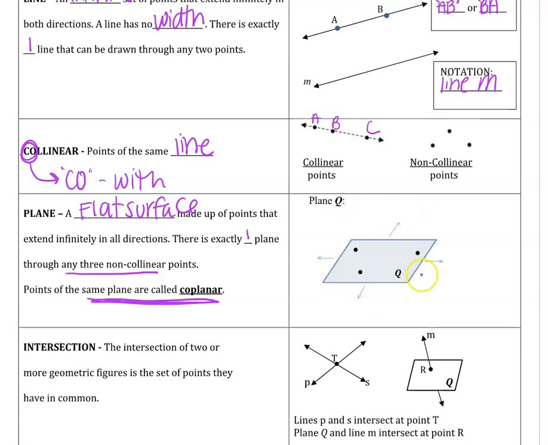This is typically how we denote what a plane looks like. It looks like a parallelogram. There's your 3 non-collinear points that would make that plane. And it extends out forever. I usually tell students to think of planes as like the surface of your desk. That's a plane. And then there's points within that plane that are contained. And then you can also create lines and line segments and rays, etc. within that plane.